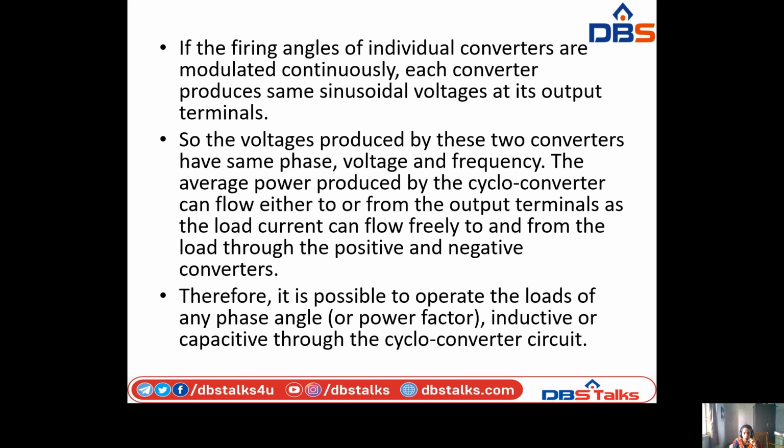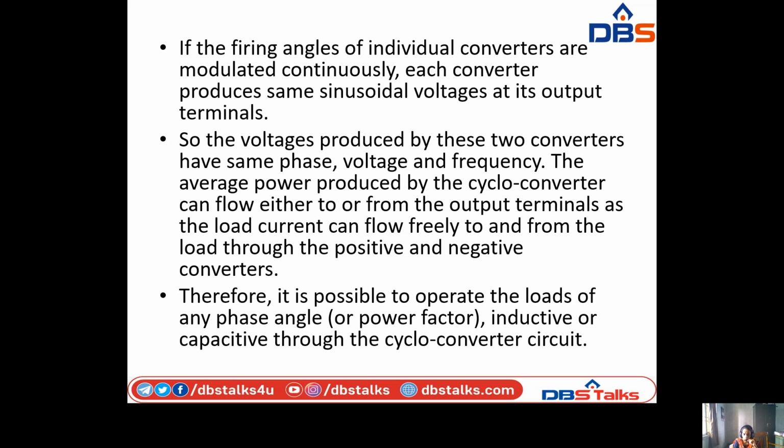So here, if the firing angles of the individual converters are modulated continuously, each converter produces the same sinusoidal voltage at its output terminal, so that the voltages produced by these two converters have the same phase, voltage and frequency.